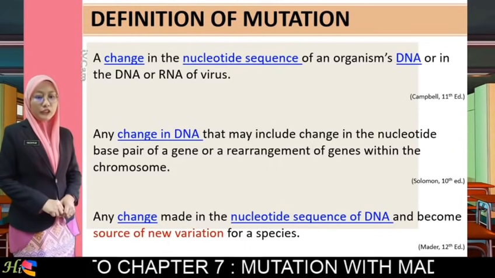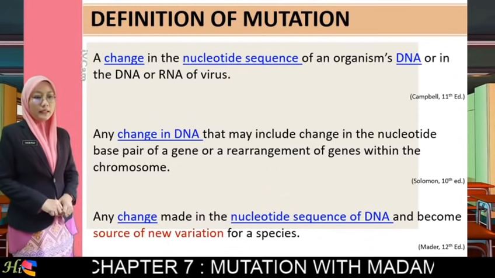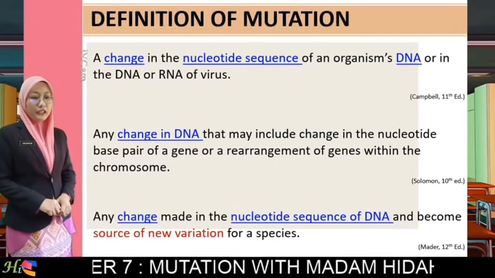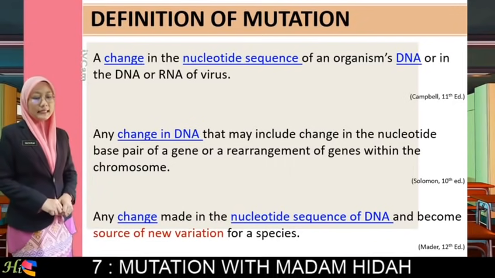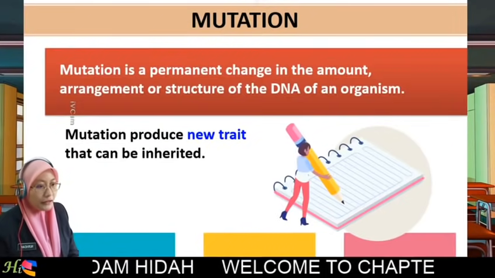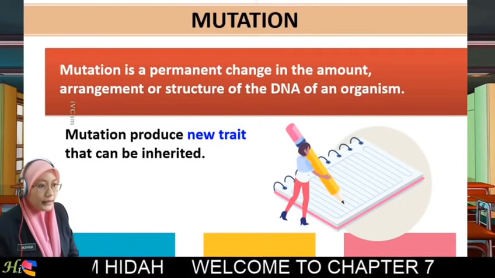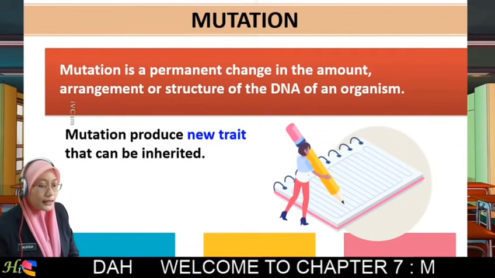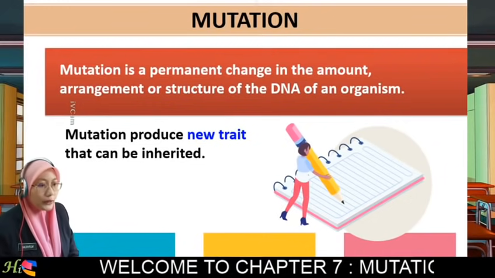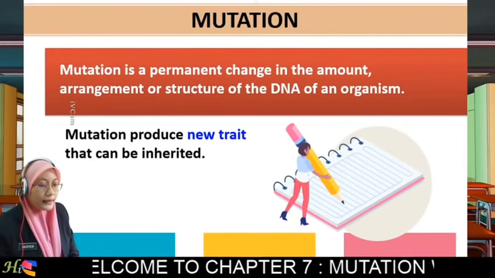Whereas mutation is any change made in the nucleotide sequence of DNA and becomes source of new variation for a species as listed in Matter. In summary, mutation can be defined as permanent changes in the amount, arrangement, or structure of the DNA of an organism. Mutation can also produce new traits that can be inherited.